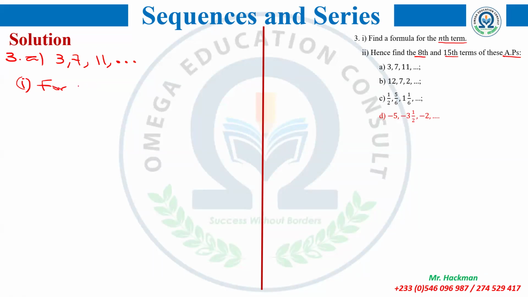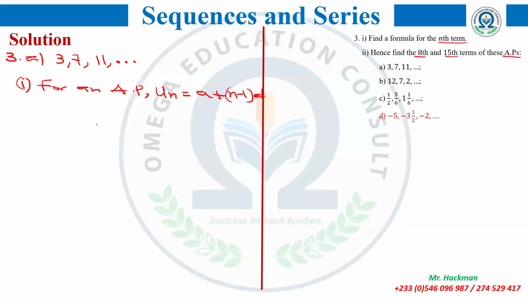So for an AP, what are we looking for? We are looking for the nth term. And the nth term is, as you mentioned, T_n = A + (n - 1)D. All correct. So we need to find our A, which we know, and also find what our D is.